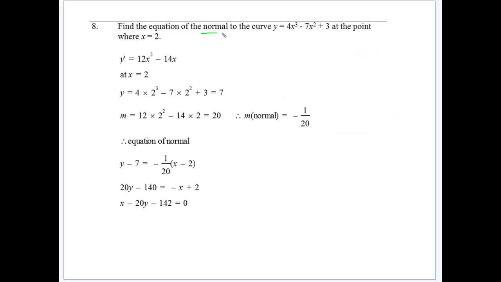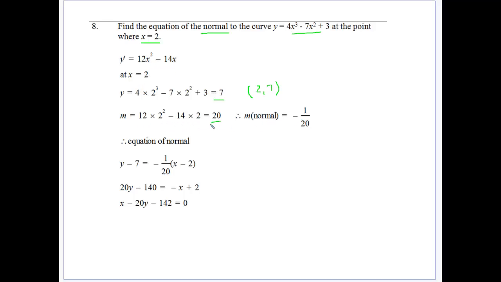So this time, the normal to this curve, again same procedure. x is equal to 2, so we get our gradient function, and that's going to give us the gradient of our tangent. At x equal to 2, we get our y value by substituting it back into that function, so we get the point (2, 7). We get the gradient of our tangent by substituting into the gradient function.